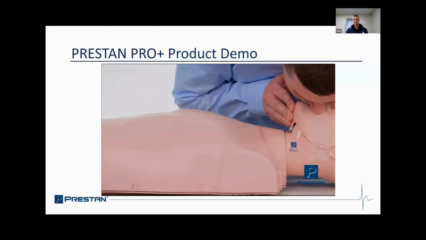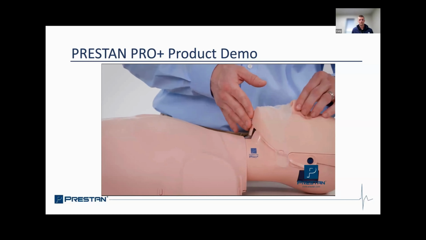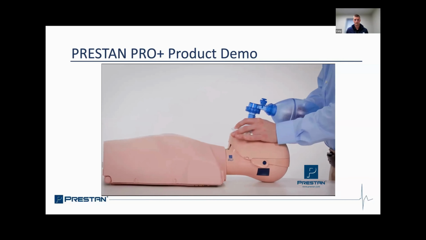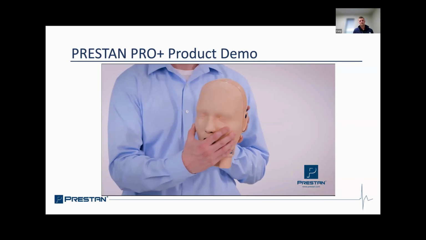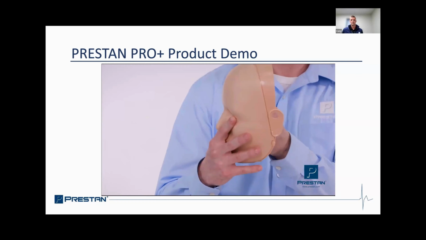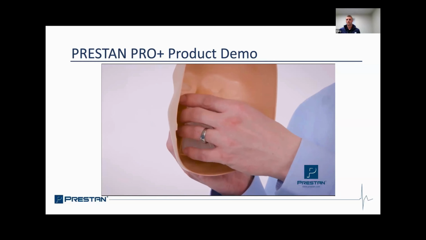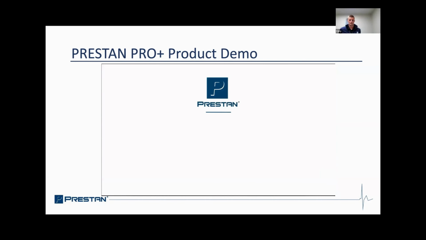With the introduction of the new Pro Plus head, Preston is enhancing realism with a functional nasal airway. When administering breaths, the chest will rise only when proper head tilt chin lift is performed and the nose is fully pinched, or with the use of a bag valve mask. To sanitize the face skin and oral nasal insert between trainings, simply disassemble the head and remove the face skin and oral nasal insert.